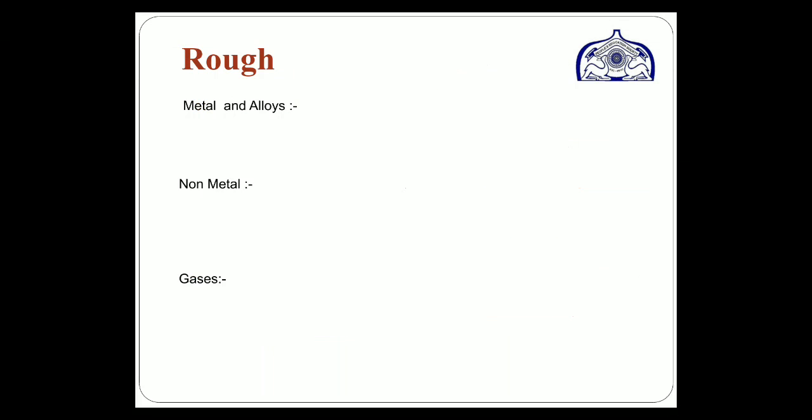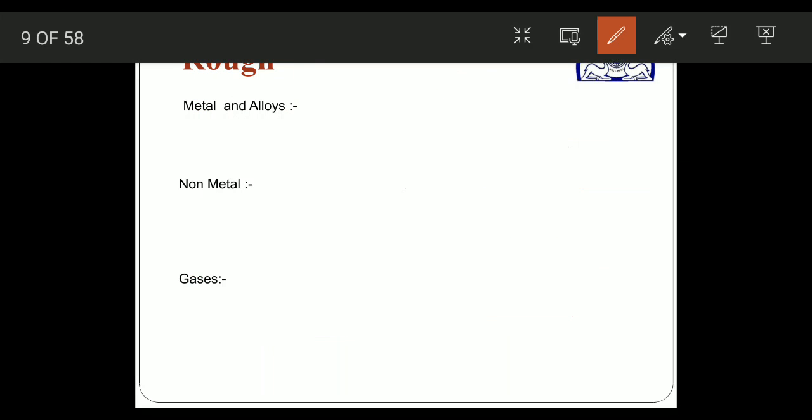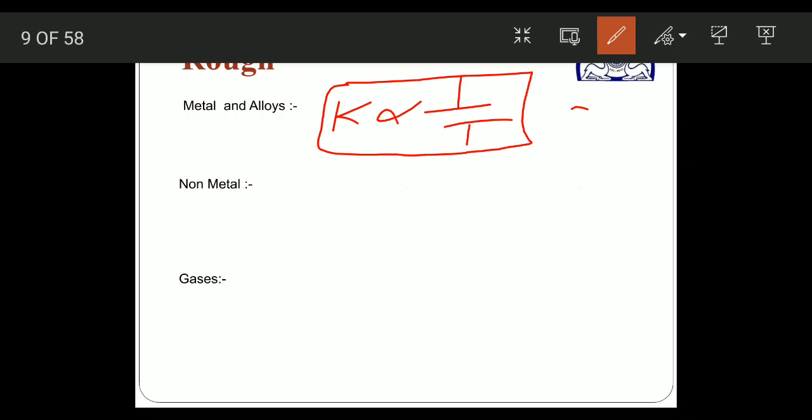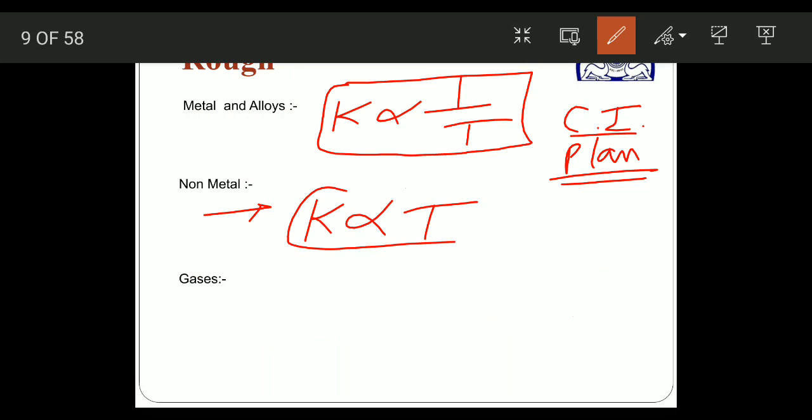Now next is what we have studied up till now. In metals and alloys, the thermal conductivity is inversely proportional to the temperature, except cast iron and platinum. In non-metals, thermal conductivity is directly proportional to temperature.